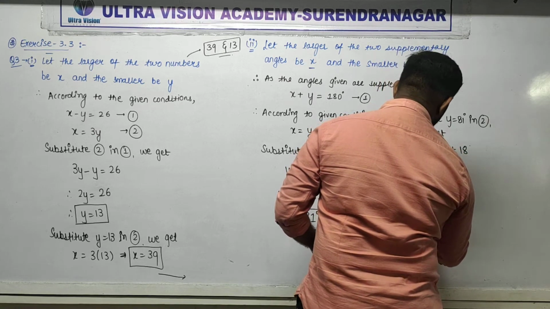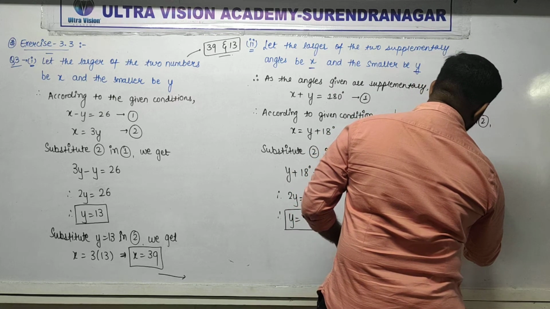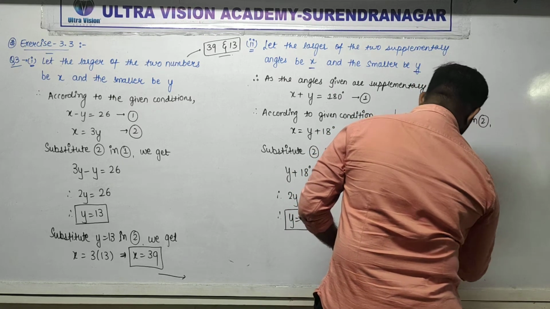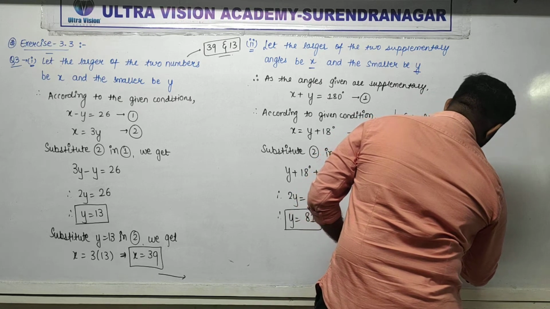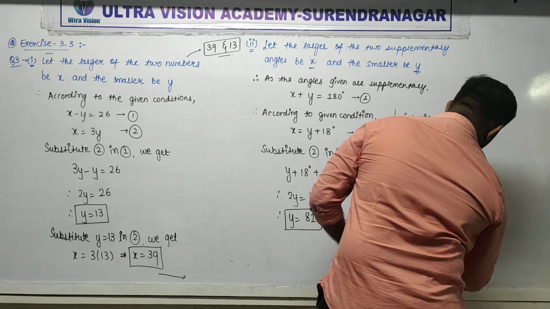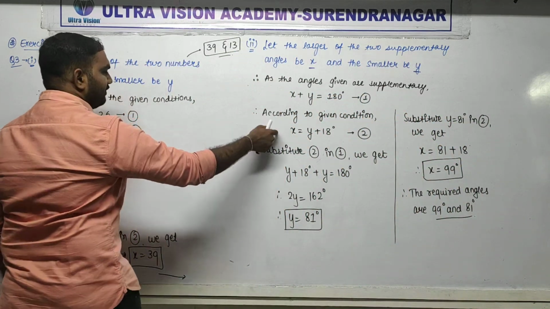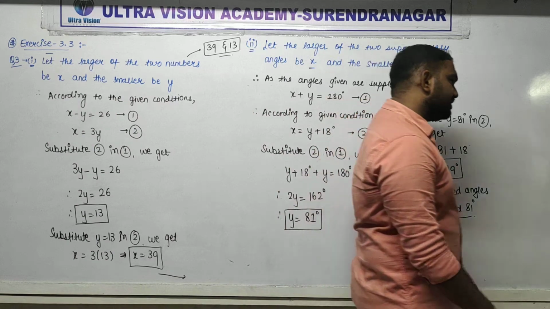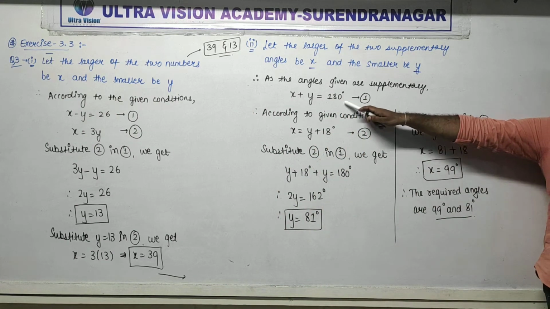Therefore, the required angles are 99 degrees and 81 degrees. You can simply check here, by replacing in the first and second equation. 99 plus 81 equals 180.